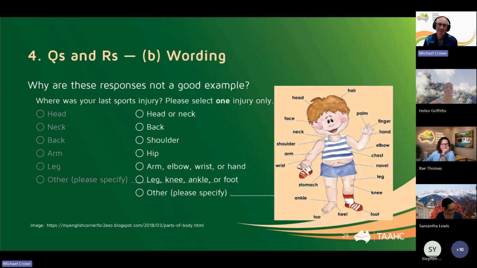But why not give a diagram so people can associate the different body parts with what you're asking them to include. So again, remember the audience: who are the respondents? What are they likely to be able to figure out and not figure out?